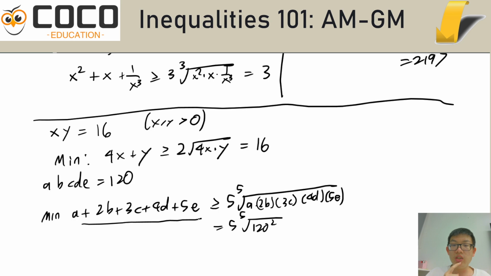But you might ask, okay, is AM-GM telling me this is the minimum value, or is it just telling me that this may be the minimum value? Because AM-GM just told me this.